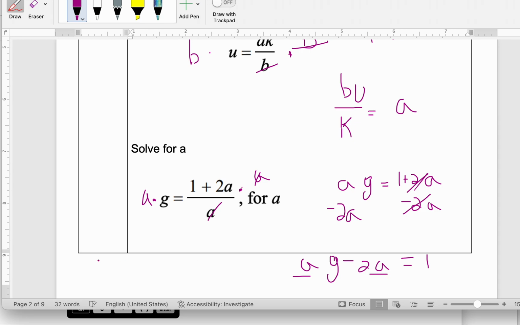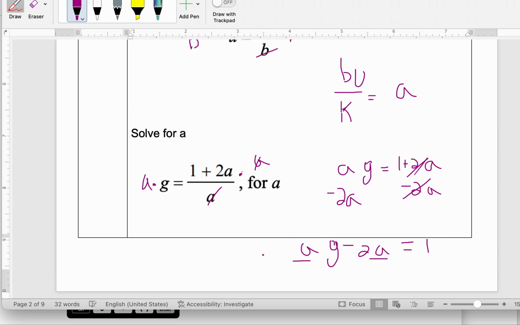We can't combine them easily because we don't know what G is, but we can pull out the common factor and multiply A by the combined coefficients. That would give us, by the distributive property, A times G, which is AG, and A times negative 2, which is negative 2A. And that equals 1.